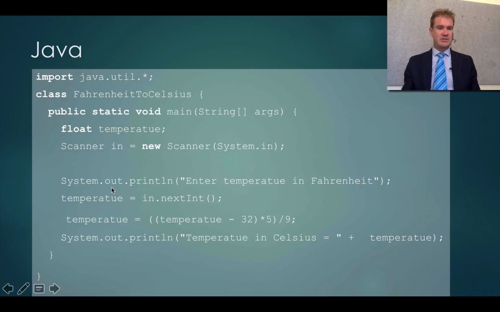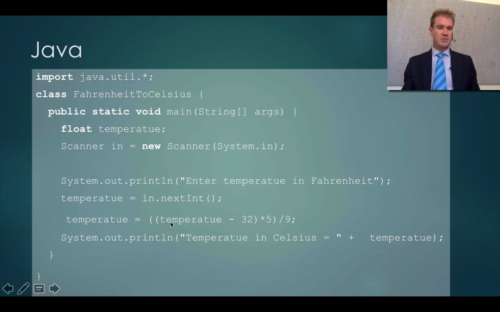Then we've got our System.out.println, which means put onto the screen, enter the temperature in Fahrenheit. Temperature is a variable we've created up here. It's a float variable, and we go equals in.nextInt. So that just collects the next integer that the user enters on the screen. And now we change our temperature.